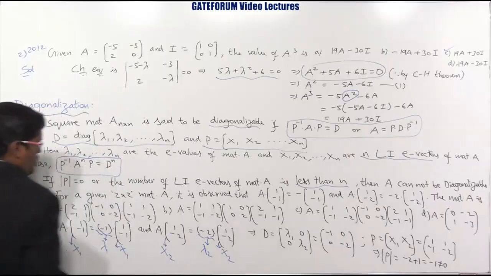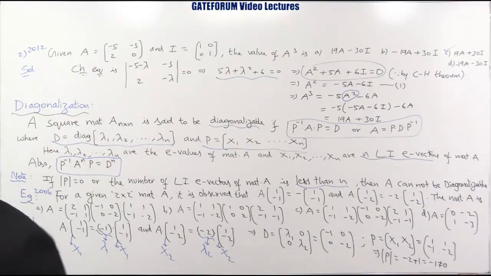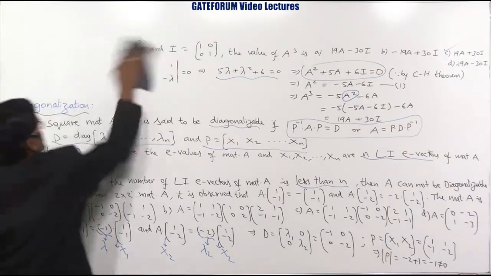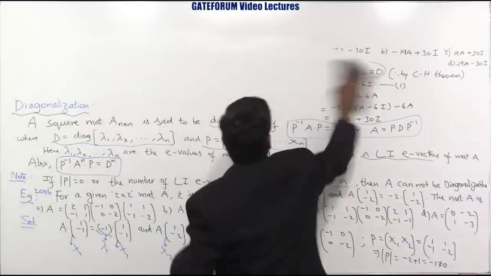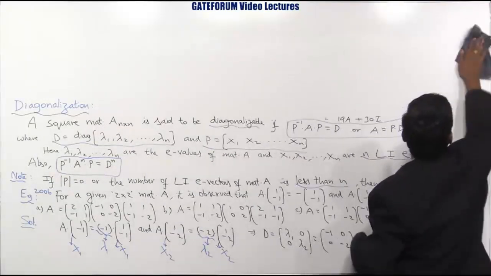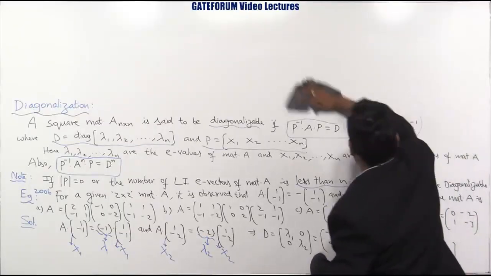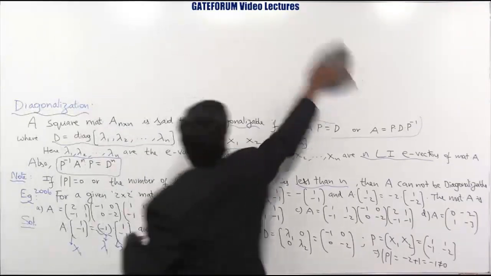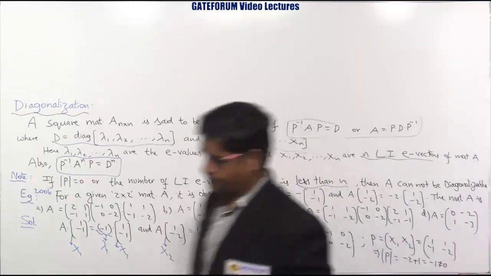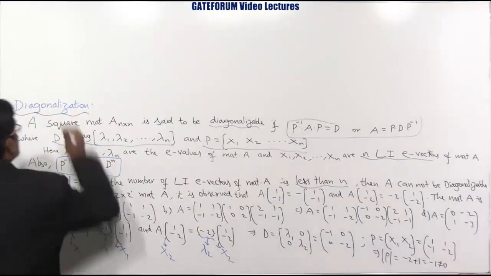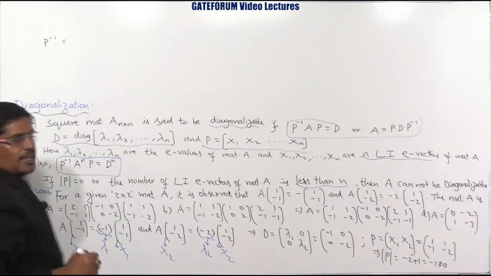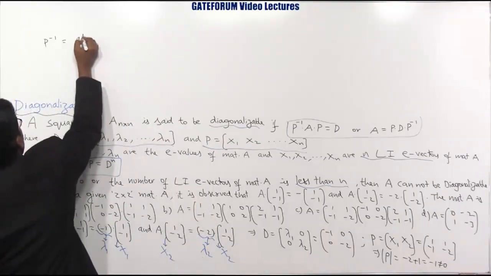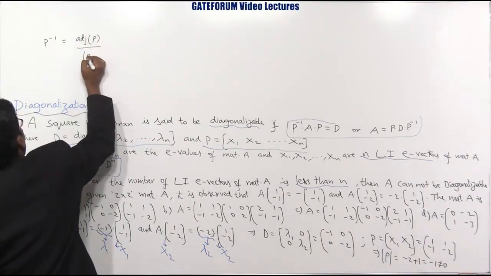Okay. So what is P inverse? The first day of matrices I told you, for a 2 by 2 matrix, P inverse is adjoint P by det P. The adjoint of a 2 by 2 matrix is the 10th class formula.